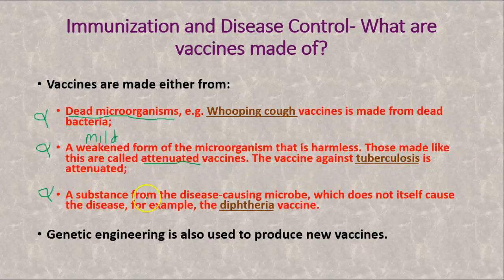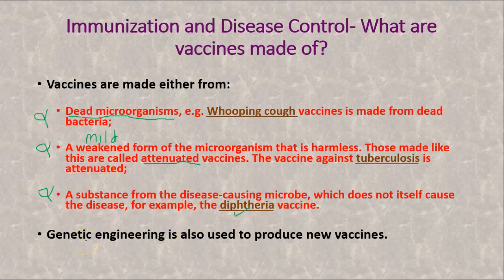You could also use a substance from the disease-causing microorganism which does not itself cause the disease, but it contains antigen that can be used to fight against the disease. For example, the diphtheria vaccine is made from a substance from the disease-causing bacteria that causes diphtheria.